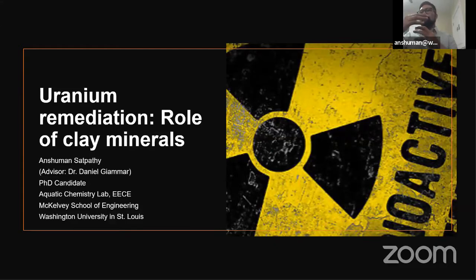If we have a lot of sodium loading, the uranyl cation cannot exchange with this sodium. So it suppresses a lot of those sites which can bind with uranium. That's why, when we have high sodium loading, a lot of uranium is not able to adsorb onto those cation exchange sites.